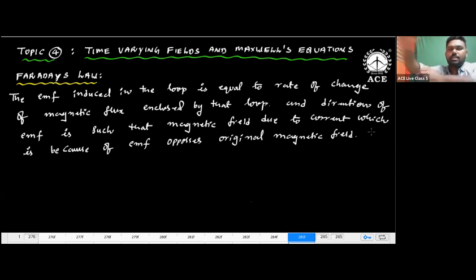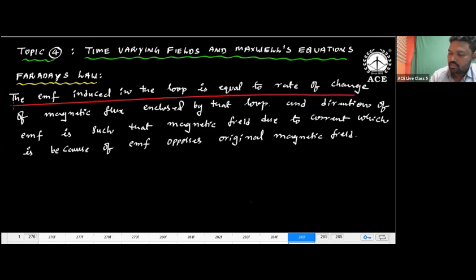There are two parts in this statement, beta. The EMF induced in the loop is equal to the rate of change of magnetic flux enclosed by that loop. This is the first part of the statement. What is the second part?